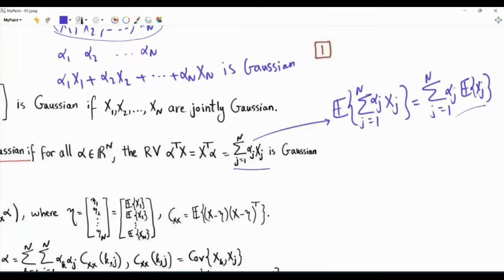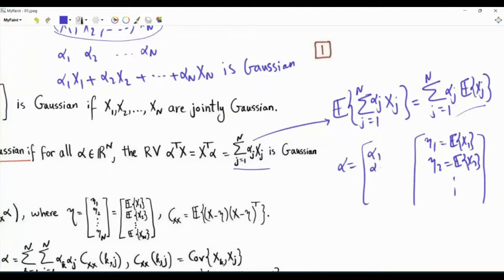If we collect the first moments in a column vector eta, so this is eta1, the expectation of x1, and here is eta2, which is the expectation of x2, and so on, and if we also collect the alphas in a column vector, alpha 1, alpha 2 to alpha n, then the mean value, which is this summation, can be written as alpha transpose eta or eta transpose alpha.